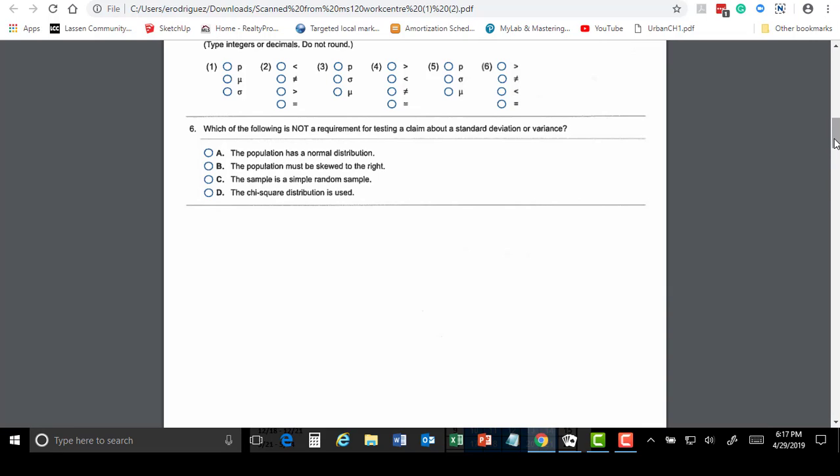This is used, the chi-square distribution. Must the population be skewed to the right? I don't think so. So this is the only one that is not a requirement. Oh, this one. Okay. Well, that's easy enough.